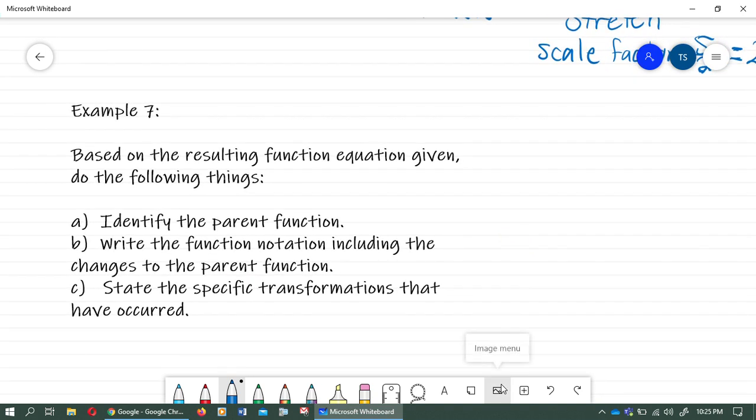All right, so number 7 is y equals 4 times 2 raised to the x plus 1, plus 6.